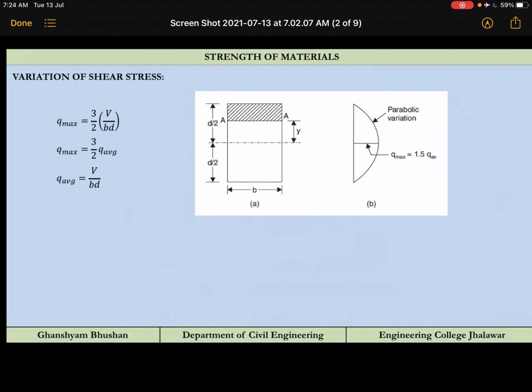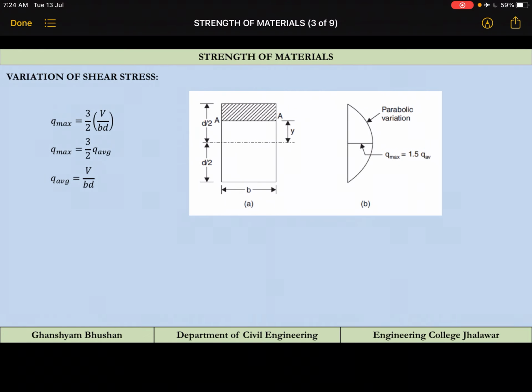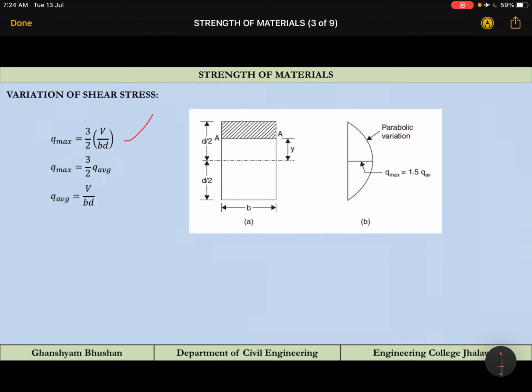So τ max is at the neutral axis, where Y is 0, so it comes out to be 3 by 2 times V by BD. Generally V by BD is what? V is the total shear at the section, BD is the total area of that section. So V by BD is generally termed as τ average, that is the average shear on that particular section. So maximum shear is 3 by 2 times, 1.5 times more than τ average.